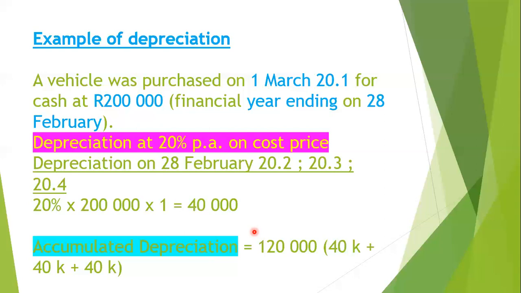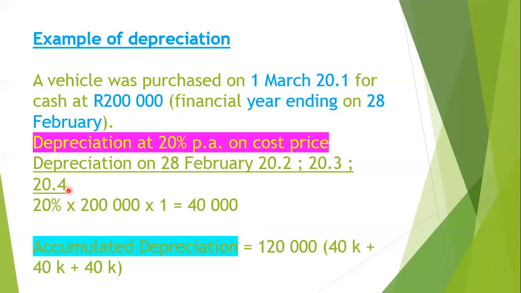Remember we spoke about the accumulated depreciation. So the depreciation for 1 year is 40,000. So if you want to know the accumulated depreciation at this date, the 28th of February 20.4, what would it be? So it'd be 40,000 for the year 20.2, 40,000 for the year 20.3, and 40,000 for the year 20.4.